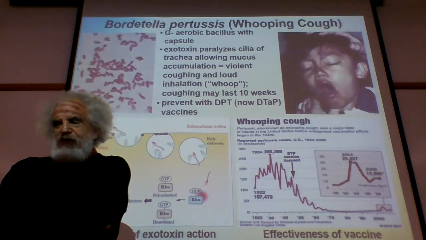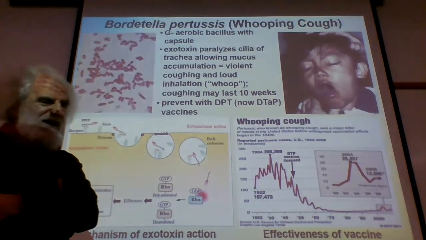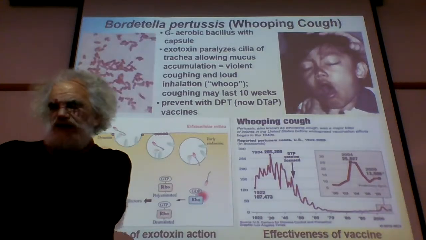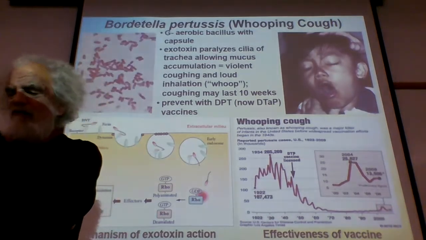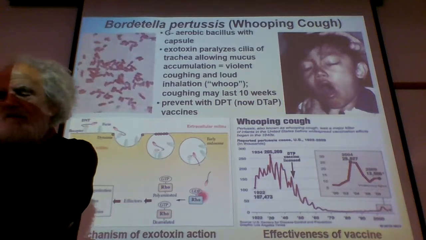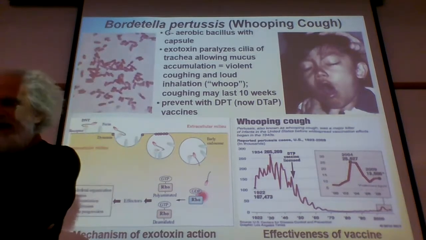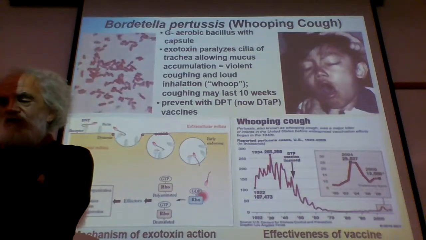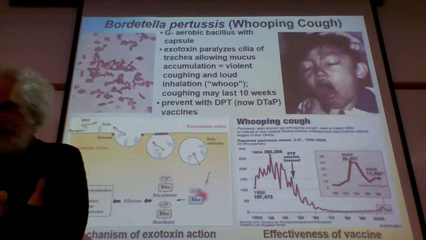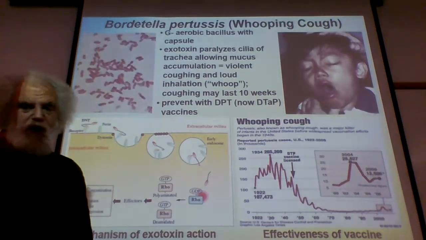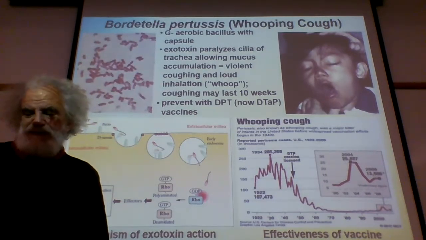We prevent it with the same vaccine that we use to prevent diphtheria, and that is the DTaP or the DPT vaccine. And whooping cough now is really pretty darn rare. In the past 10 years or so, cases of whooping cough actually are starting to come back up a little bit, in part because of failure to vaccinate.